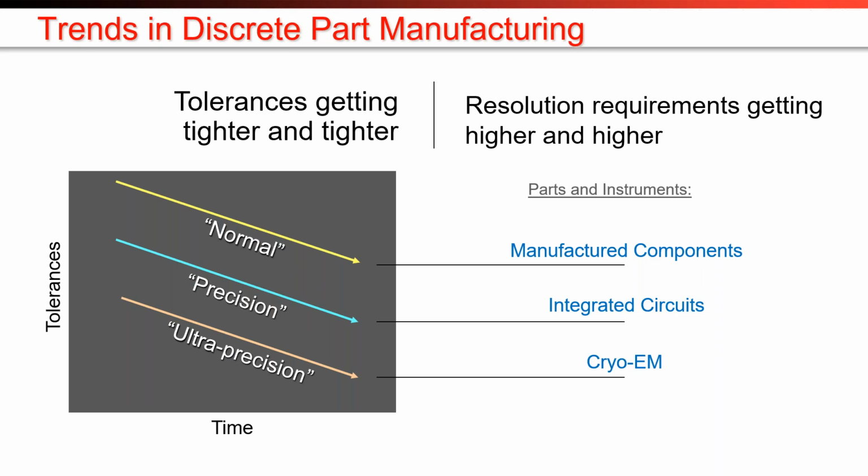It's driven by a combination of physics and engineering and economics and all sorts of things. But it continues to drive things. So things like an integrated circuit, tolerances just get driven at a very, very predictable rate, density doubling every 24 months. So a lot of people are familiar with that one, but we see it in even more extreme applications.